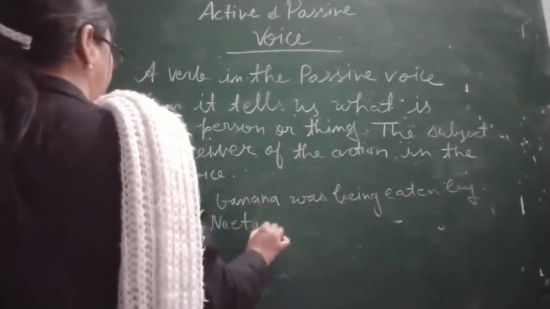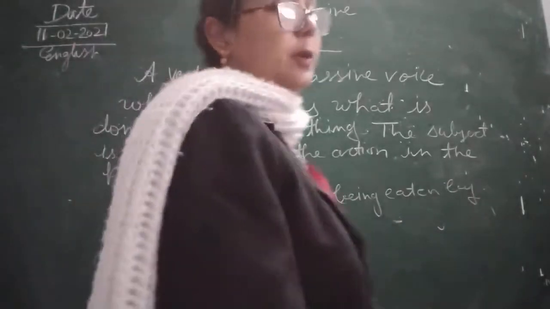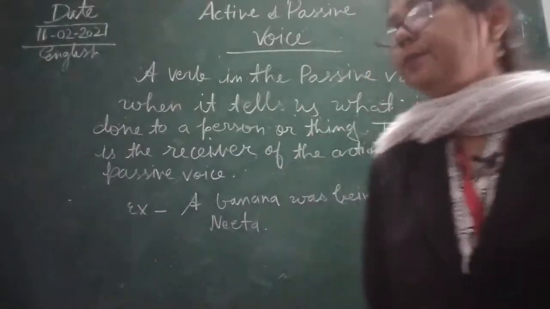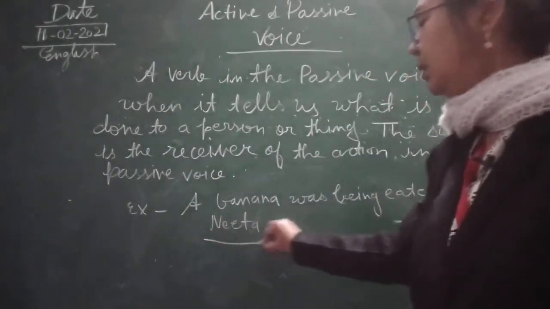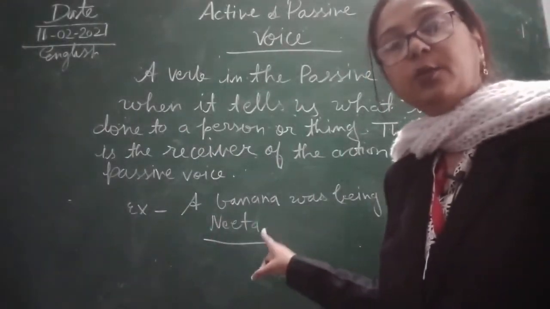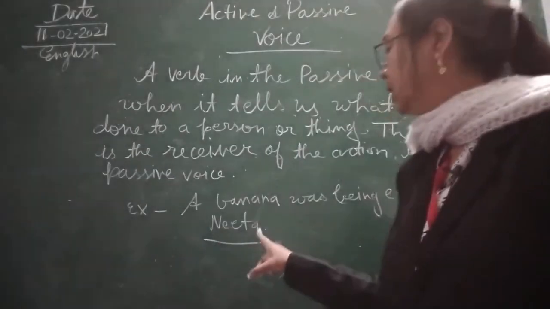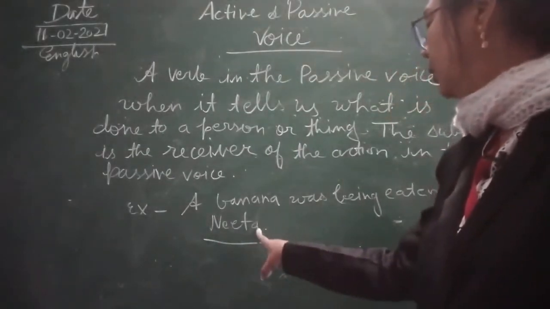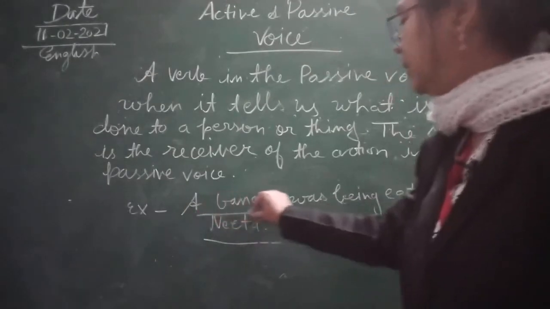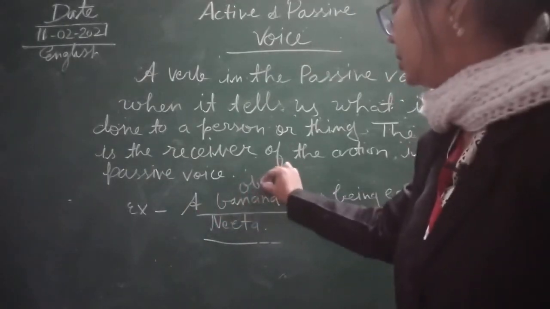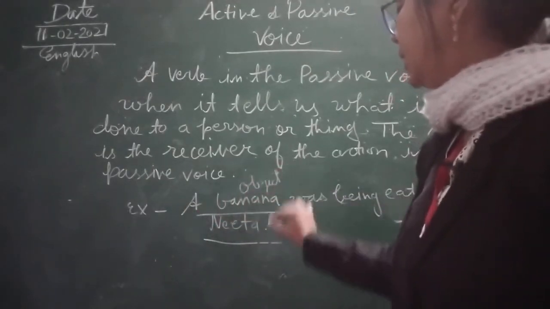Okay? Okay children? Now here you can see Neeta is the subject, or you can say she is the doer. Now a banana. Now the object comes here. This is the object and this is the subject.